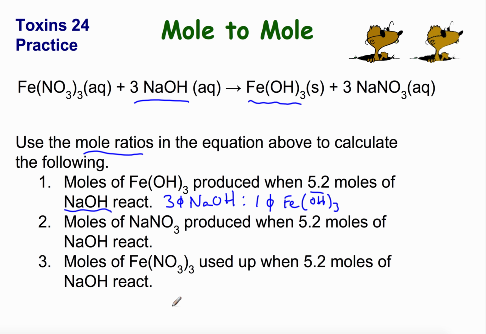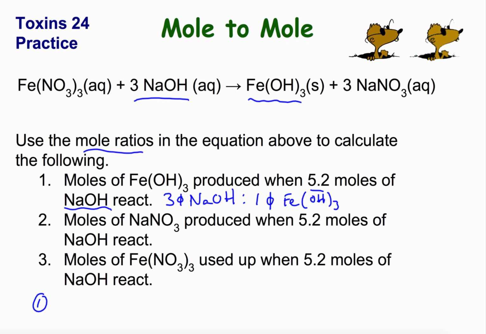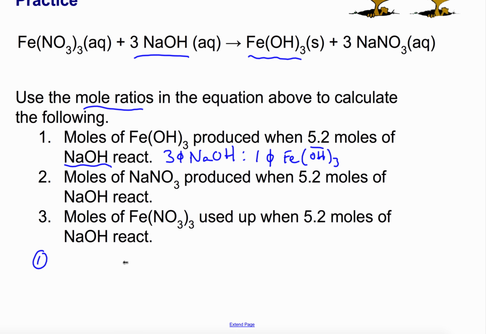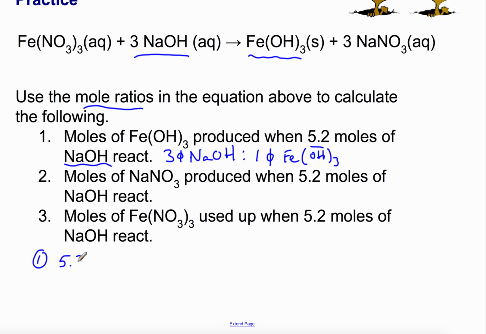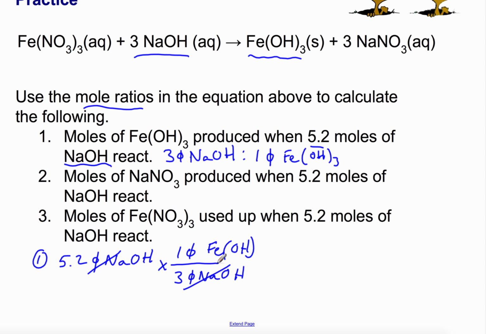To solve this, I start with what I'm given, which in this case is 5.2 moles of NaOH, and I use the mole ratio: 3 moles of NaOH goes downstairs so that it cancels, and then 1 mole of Fe(OH)3 goes on top.